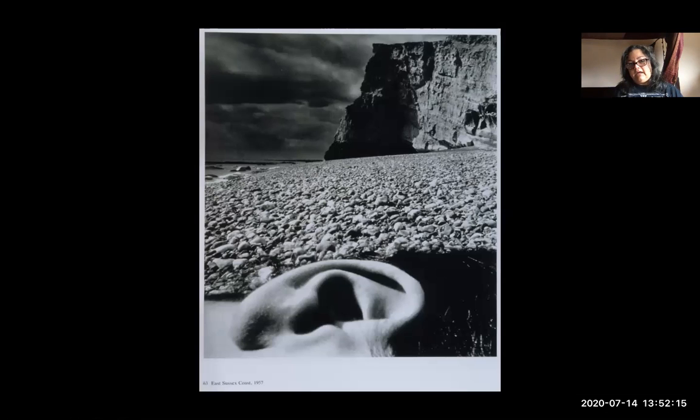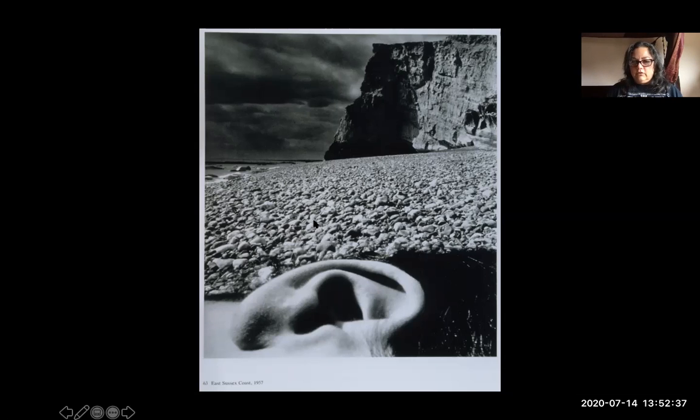He found a camera in a used, I don't know if it's camera shop or a thrift shop, that had belonged to a police department, and it had a fixed aperture that was really, really small.